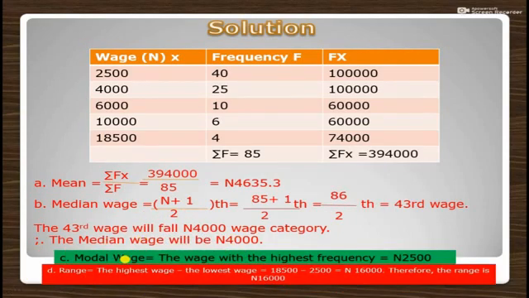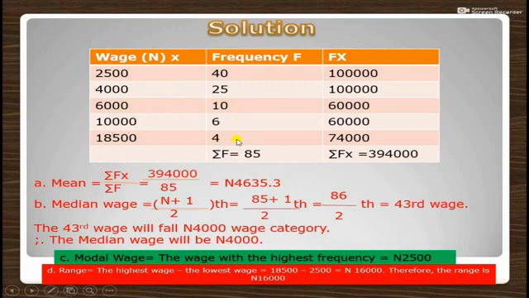So the modal wage, which is the next question, of course, like we did in our last class, mode refers to the occurrence with the highest appearance. That is the data or item with the highest appearance. Now let us look at these wages being paid here. Which one has the highest appearance? 40 people are paid 2,500. 25 people are paid 4,000 naira. 10 people are paid 6,000 naira. 6 people are paid 10,000 naira.